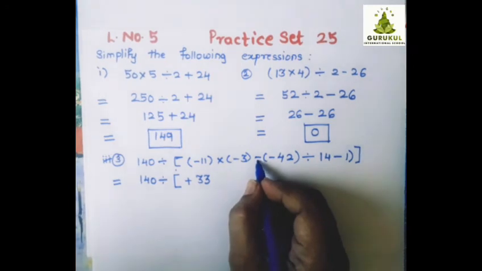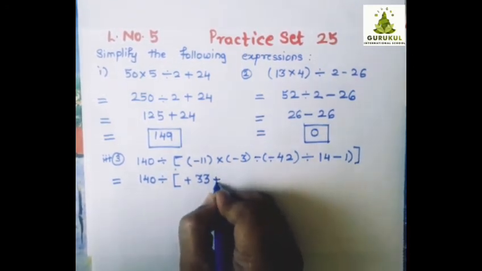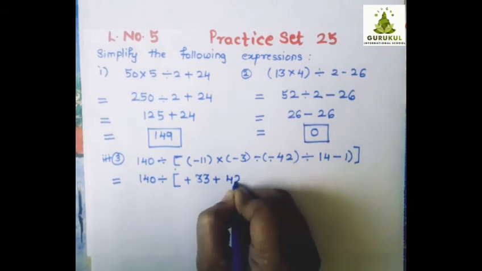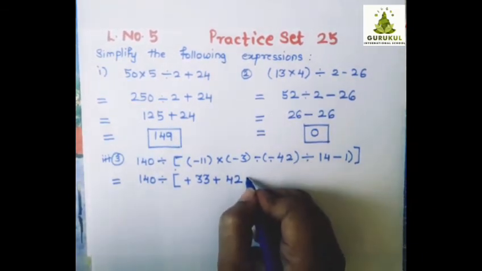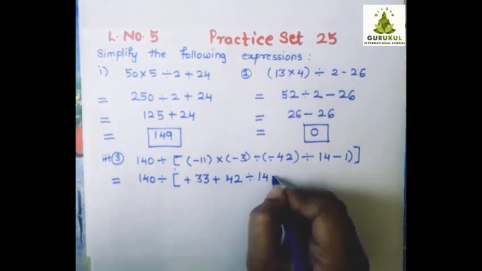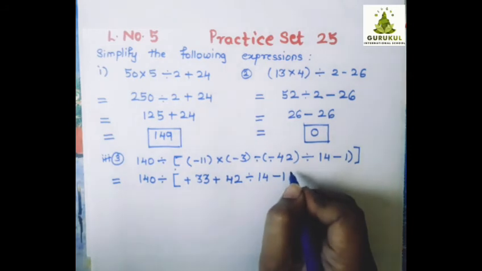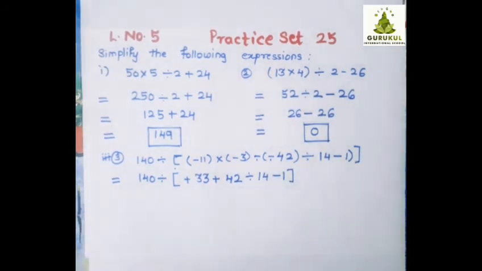So this minus into this minus symbol will become plus, and it comes over here plus 42. The rest of the things write as it is, divided by 14 minus 1, and then we have to close the square bracket.